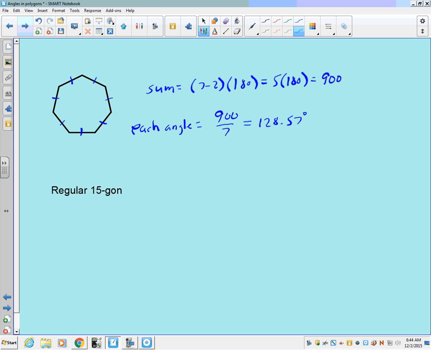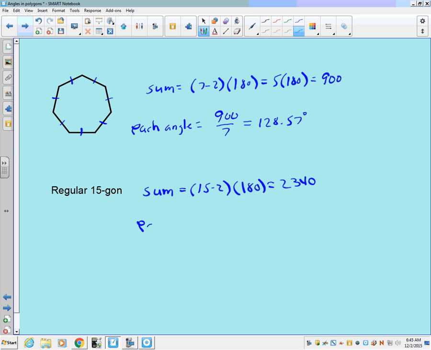On a regular 15-gon, it has 15 equal sides. So first, find the sum of all the angles. We learned previously that that's 15 minus 2, the number of sides minus 2, multiplied by 180. And 13 times 180 turns out to be 2,340.